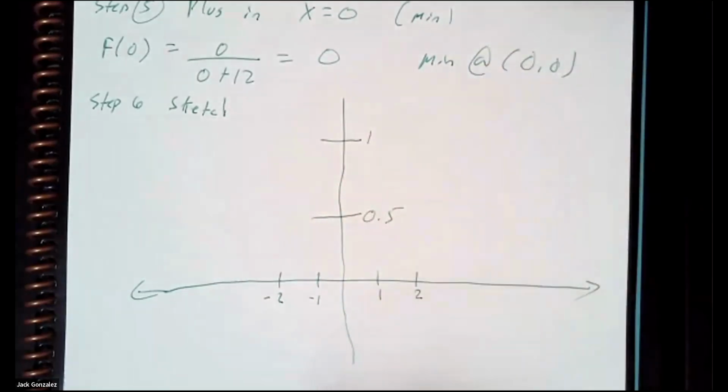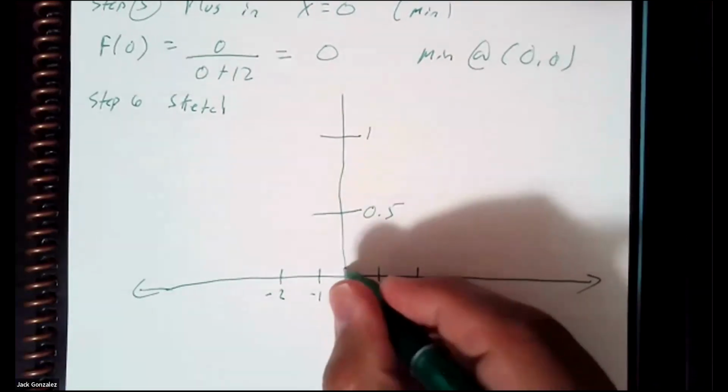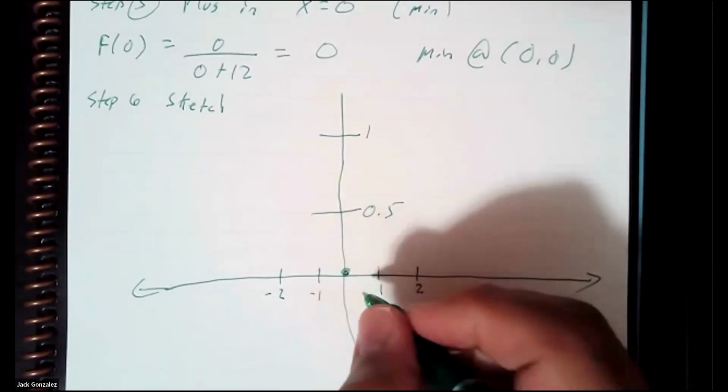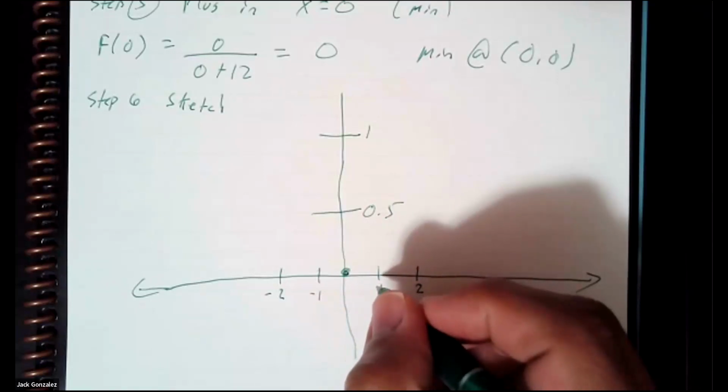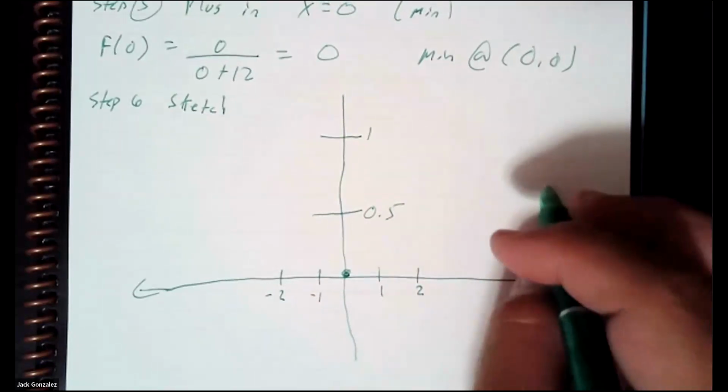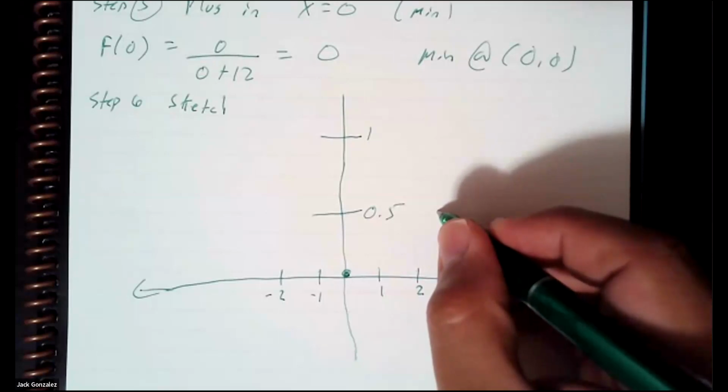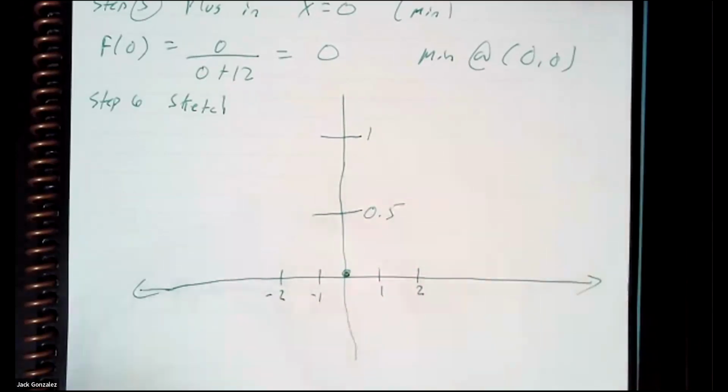Okay. 0.5 and 1. So we have a minimum right here. We have an intercept there. Inflection point. Well, I didn't plug it in. Shoot.